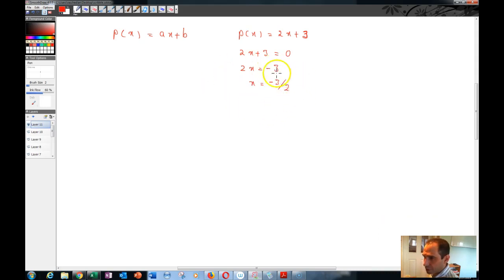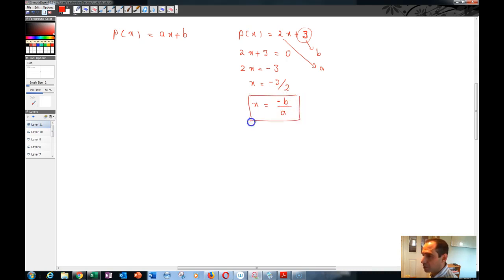Okay, so that's basically negative 3 by 2. And negative 3 over here is your b, and this over here is your a. So your x is basically equal to negative b by a.